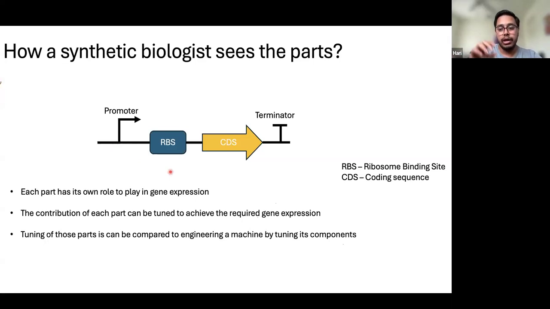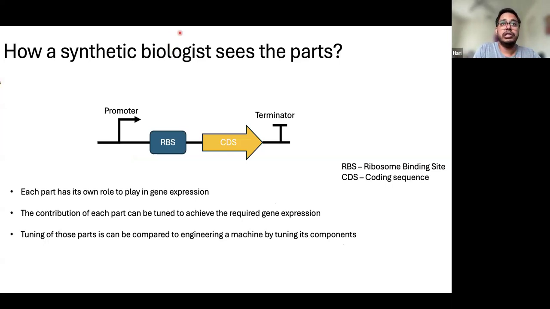These are the different parts or sequences on the DNA that can actually determine how much protein is being made, or whether the cell needs to make the protein at all. Engineering these different parts by carefully optimizing their sequences is what we call tuning the parts in synthetic biology terms, to engineer how much protein is being made or what type of protein is being made based on different inducers, or different chemicals that can induce expression.